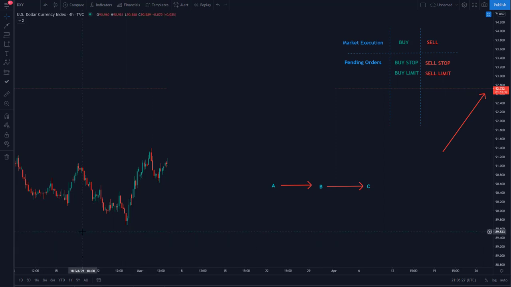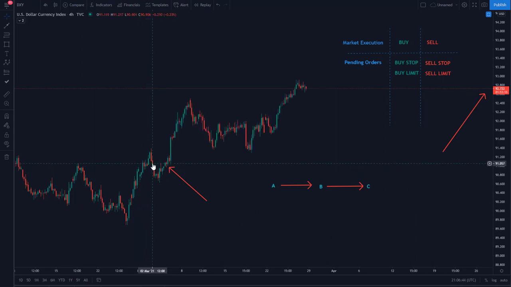So let's assume your current market price is here. For the sake of this example, let's say it's at 91.074.